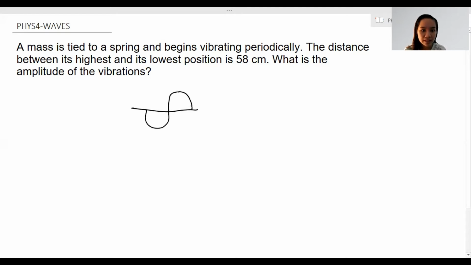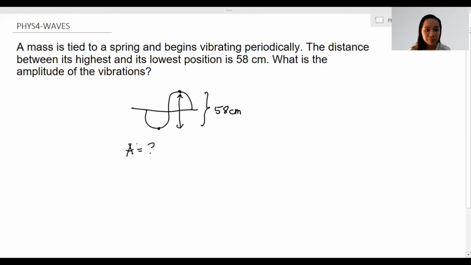Okay. And then the distance from the highest to the lowest position, this is the distance, is 58 centimeters. Now we are asked to look for the amplitude.